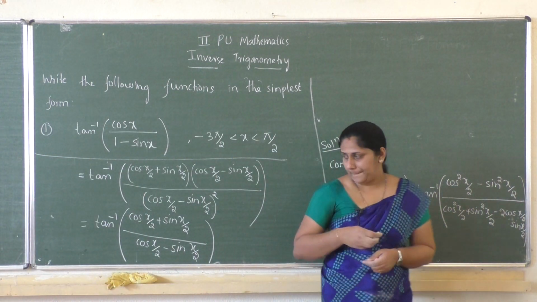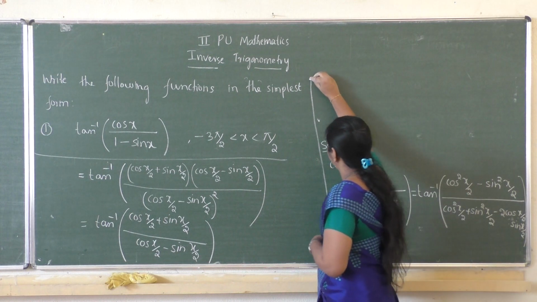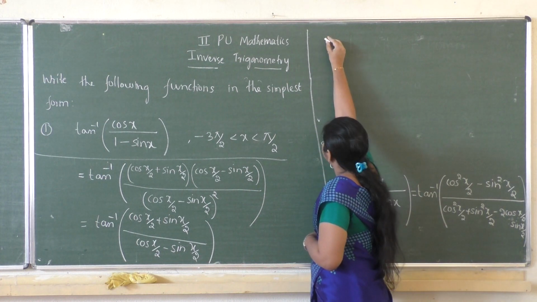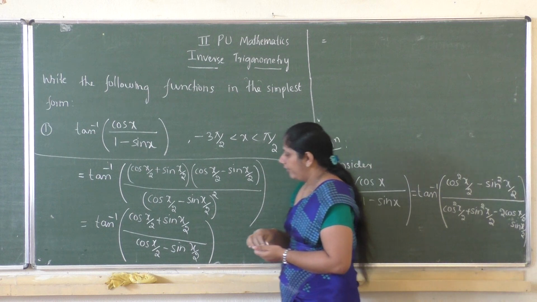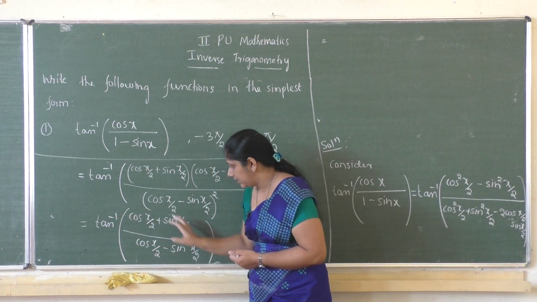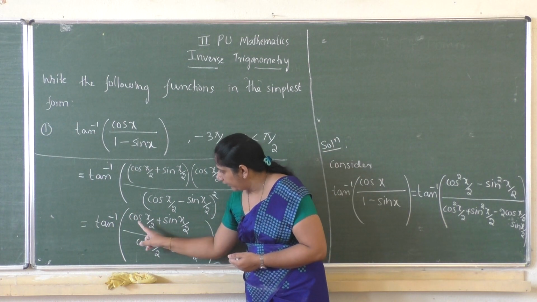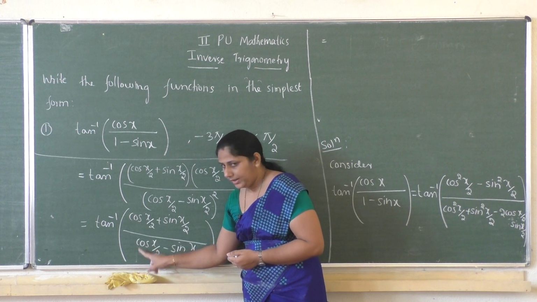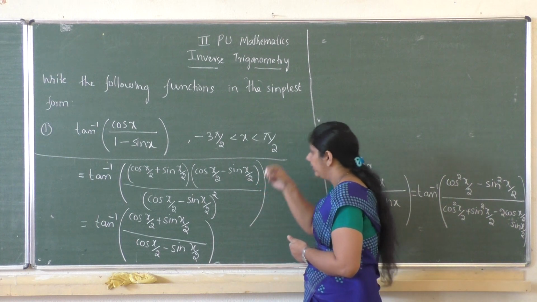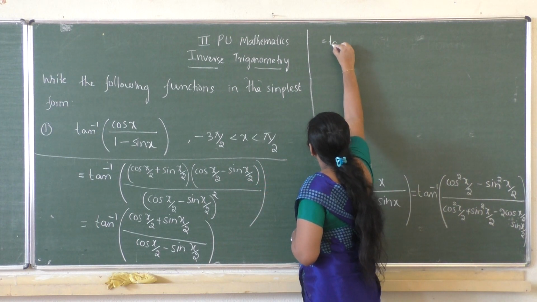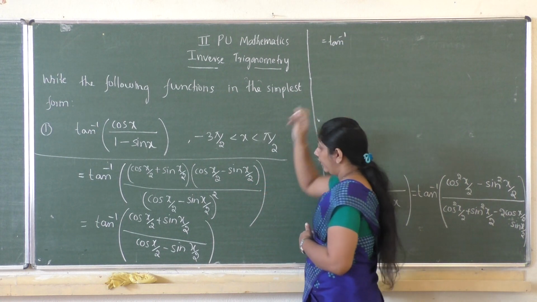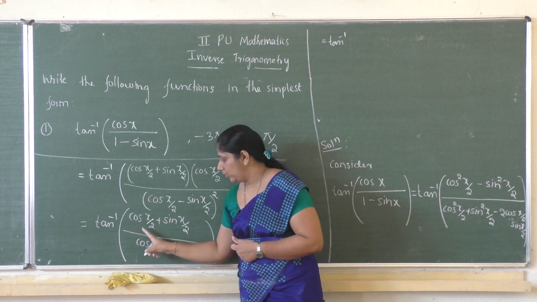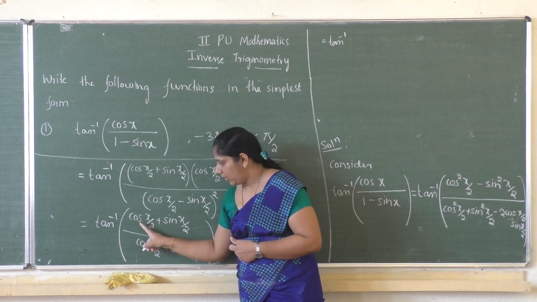Now, see, if I divide cos x by 2 into both numerator and denominator inside the bracket, what will we get? You have to divide both numerator and denominator by cos x by 2.